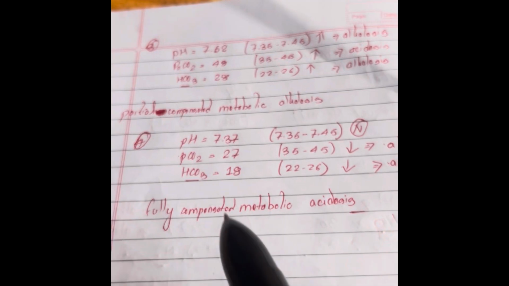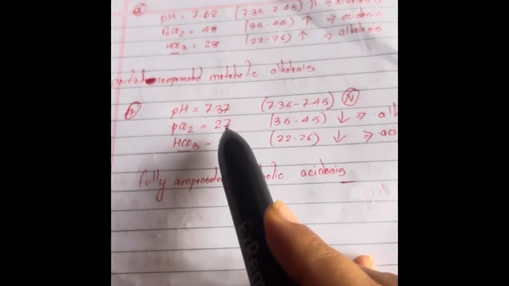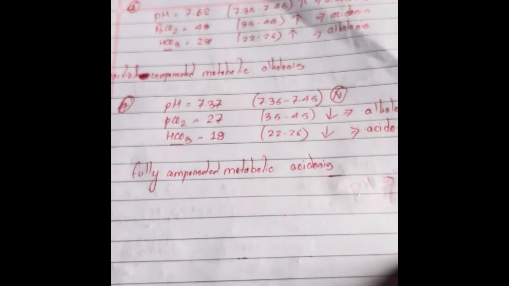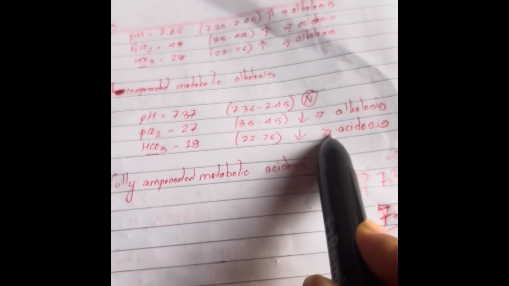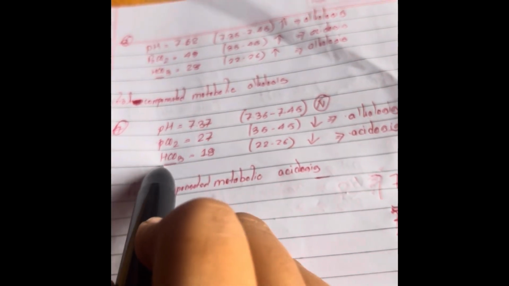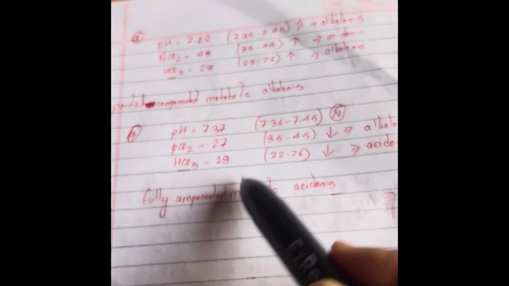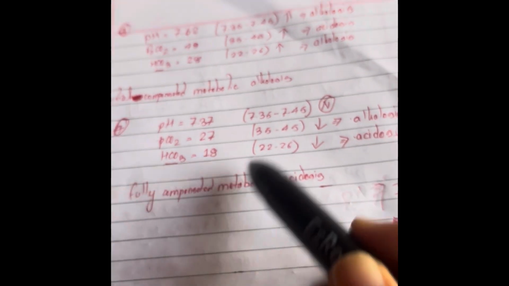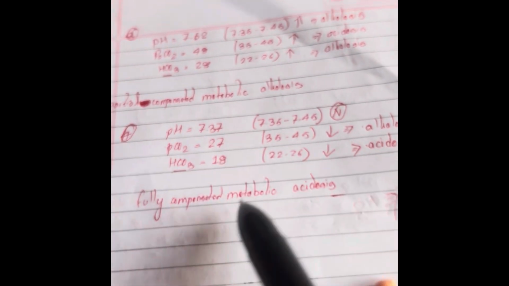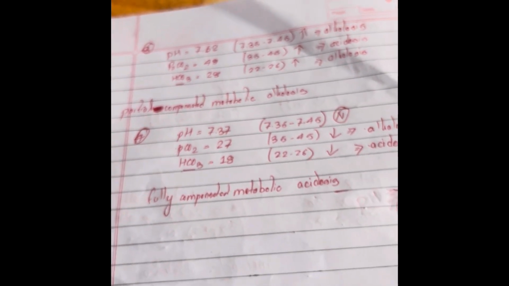So we should see whether it is more on the acidic side or the alkalosis side. 7.37 is more on the acidic side, so it is acidosis. And acidosis here is denoting metabolic. We write metabolic acidosis. And whether it is fully compensated or partially compensated, I have already mentioned earlier, the pH value is normal, so it is fully compensated.